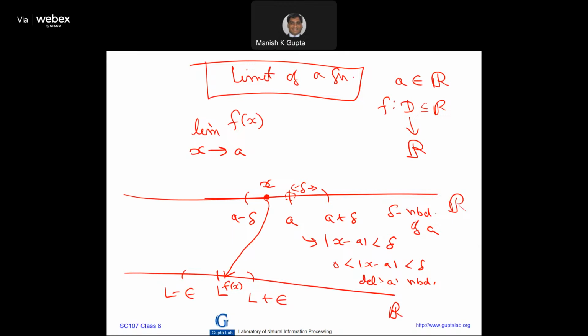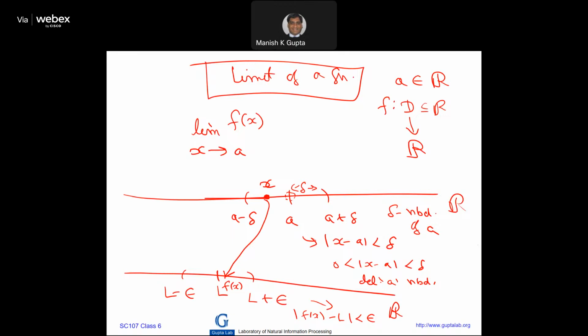This can also be captured in terms of mod. So this means L minus epsilon is less than f(x) is less than L plus epsilon. That means |f(x) minus L| is less than epsilon, right? This corresponds to this. So this is enough for us to build the definition of limit.